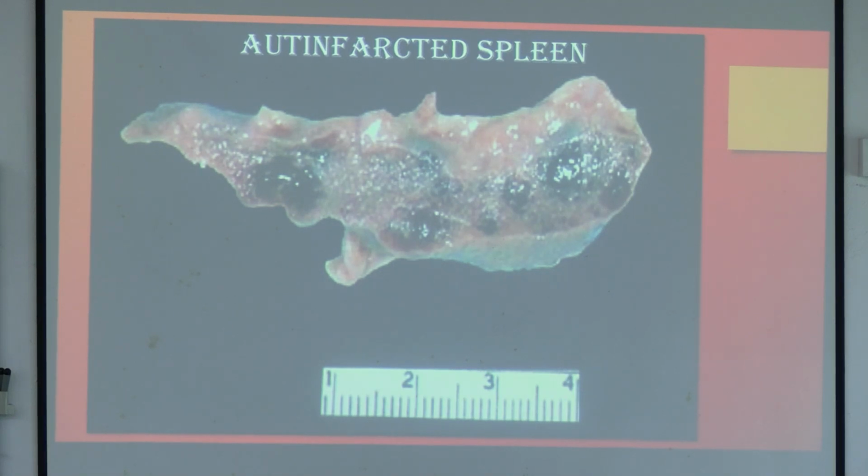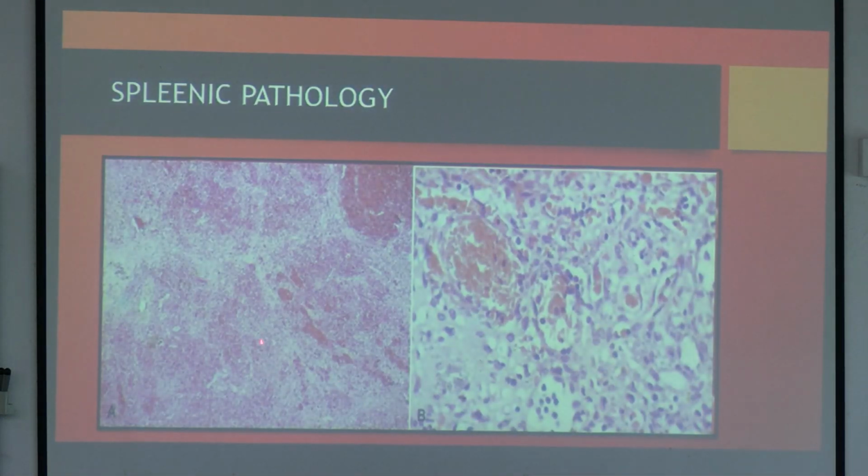Multiple infection. So the same vicious cycle that is responsible for damage of other tissue also responsible for this auto-infection of the spleen. Next, splenic pathology.